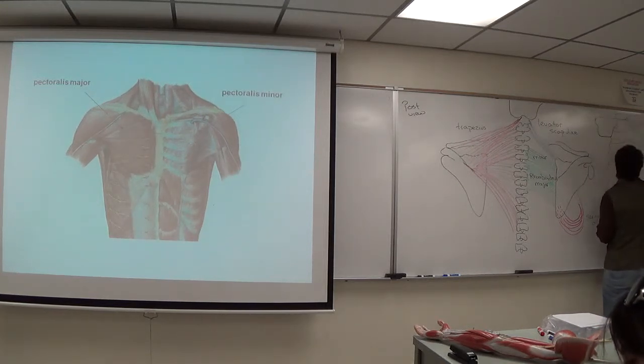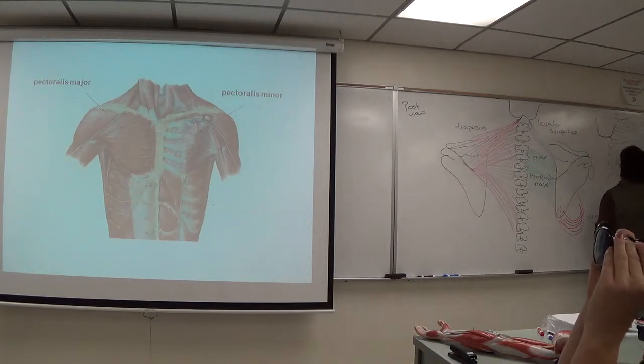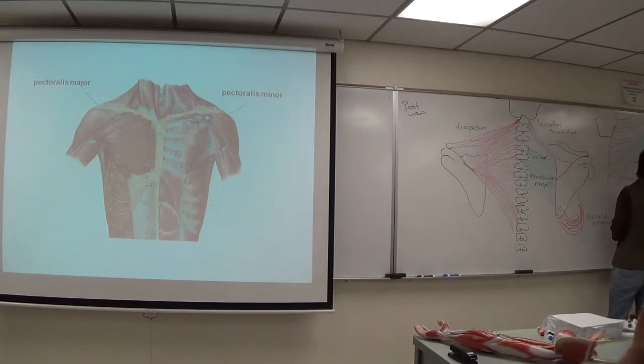So we have two heads. They aren't called different heads, but it almost looks like two different muscles. And then it comes up and covers pec minor like this, and it attaches to the shaft of the humerus here.